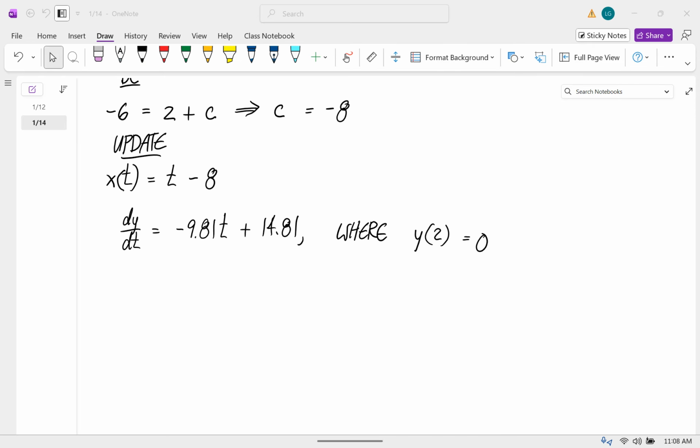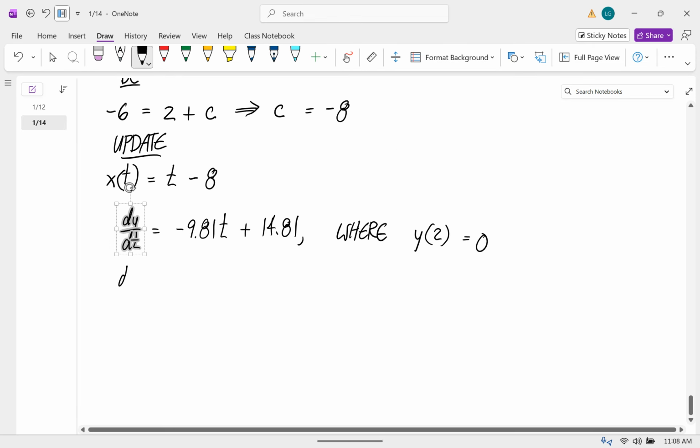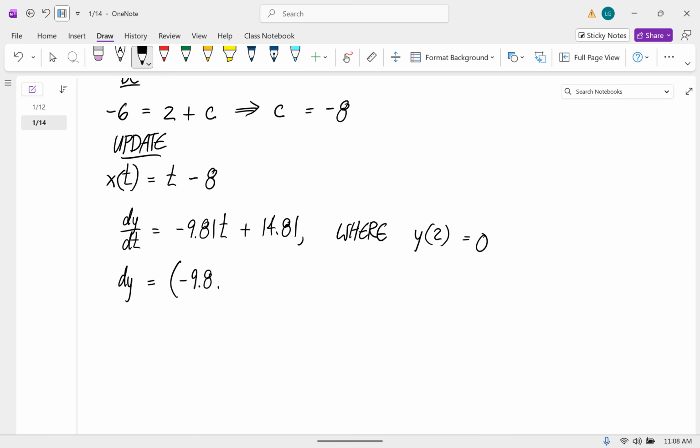So I got dy is equal to the quantity -9.81 t plus 14.81 times dt. Integrate both of these, and you get y is equal to -4.905, adding significant figures at random, times t squared plus 14.81 t plus c.